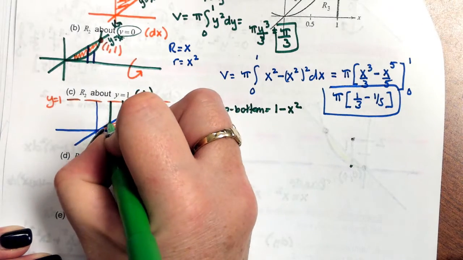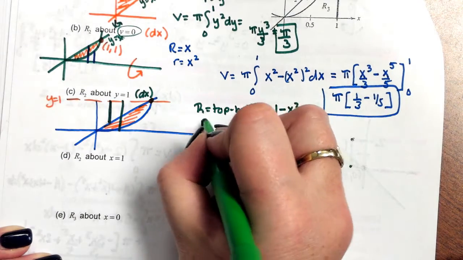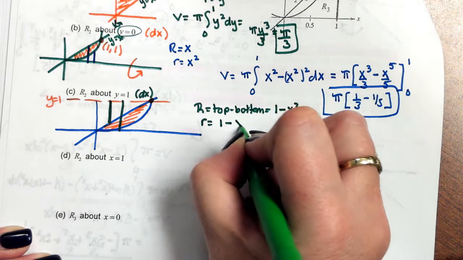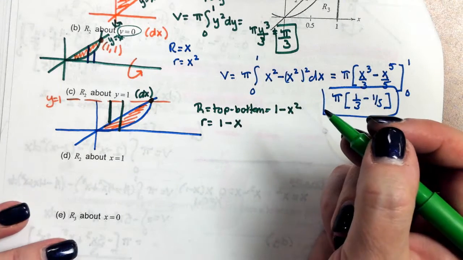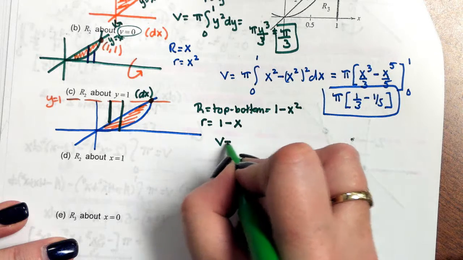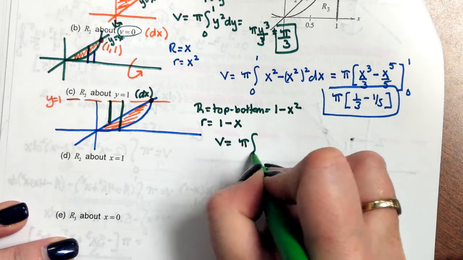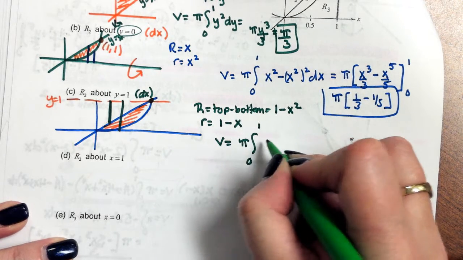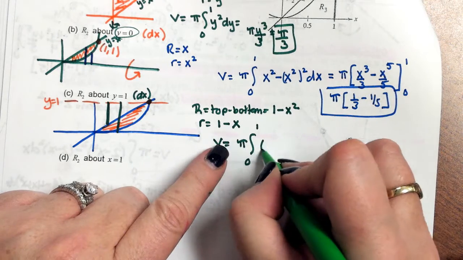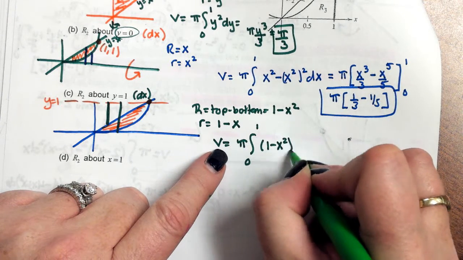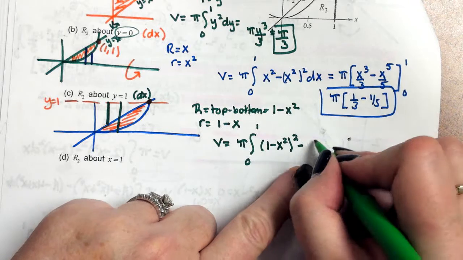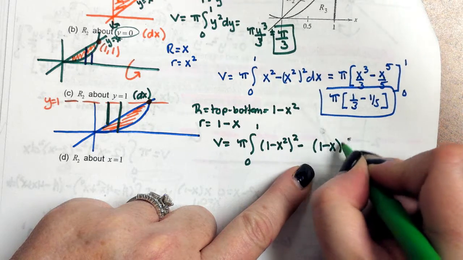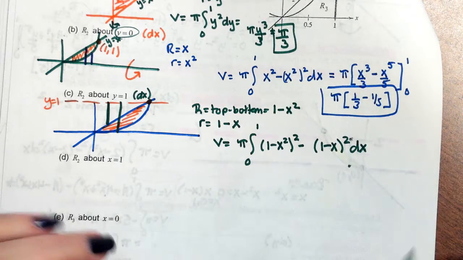My inner radius is going to be 1 minus x. So to calculate the volume is going to be pi going from 0 to 1. Again, my outer radius is 1 minus x squared, squared, minus the inner radius, which is 1 minus x, squared dx.